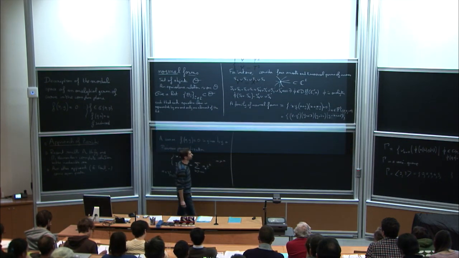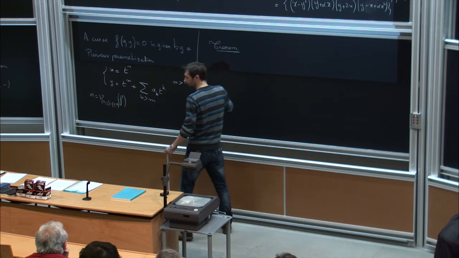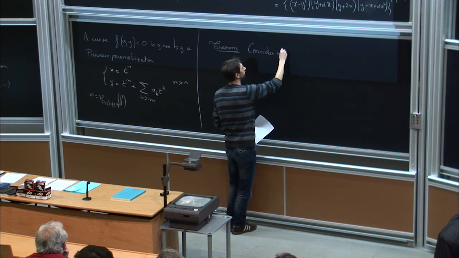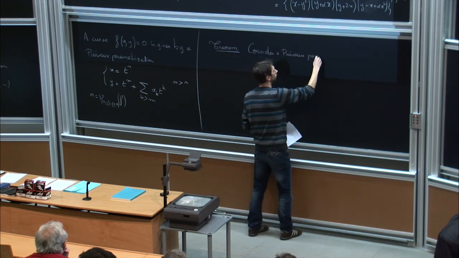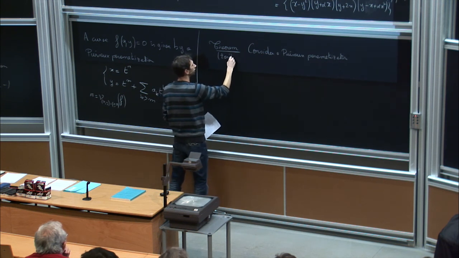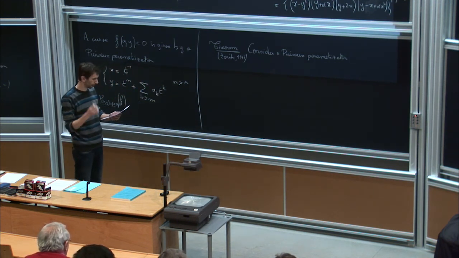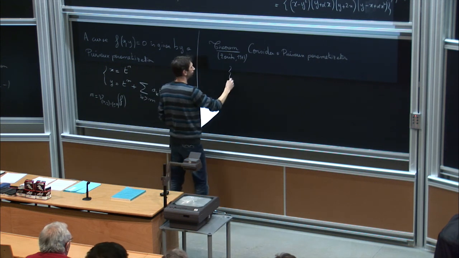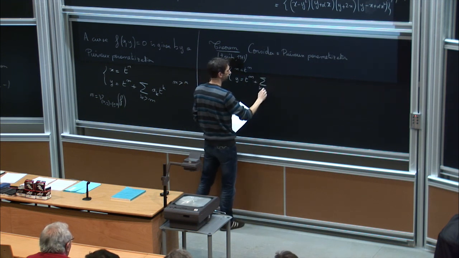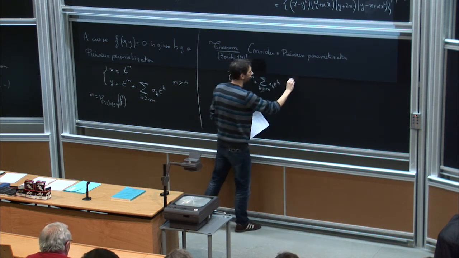This is due to Zariski, in this note from 1973. Consider a Puiseux parametrization of the following form: x is equal to t to the n and y is equal to t to the m plus this sum, with m strictly bigger than n.